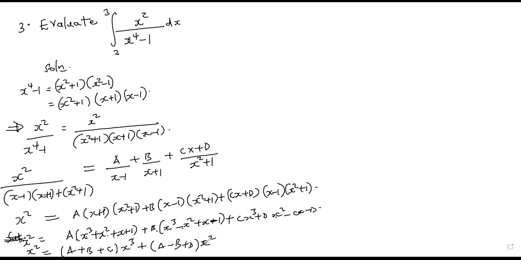Then the x terms: you have ax, so a, plus bx, so b, then negative cx, so minus c into x. Then the constants: a minus b minus d.